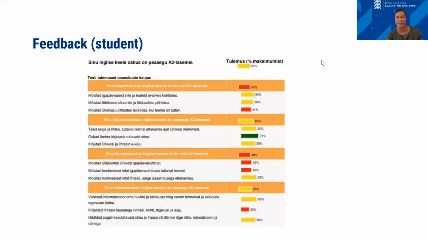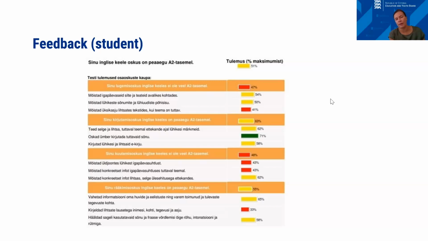Okay, and just quickly, feedback for the student. Now the feedback is in Estonian, and you can see that under the skills, and there are some explanations. So that again, remind your students to read the feedback.